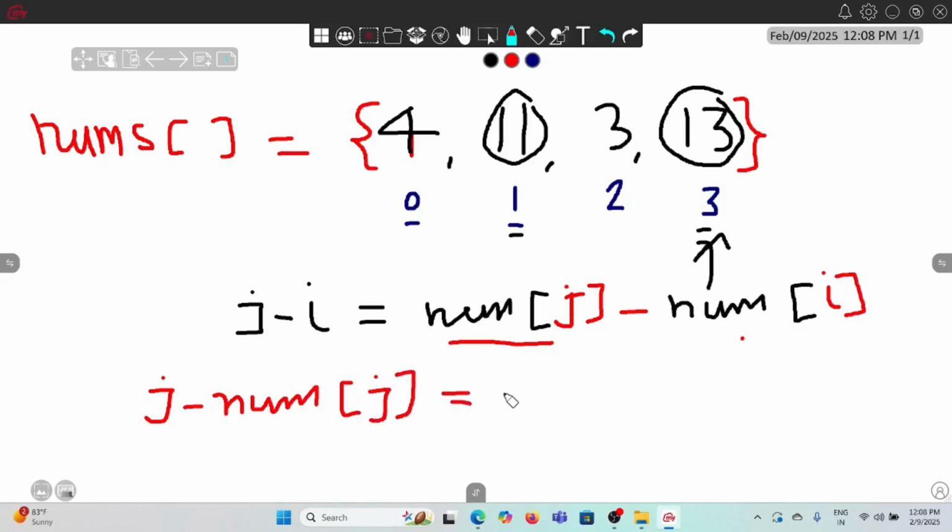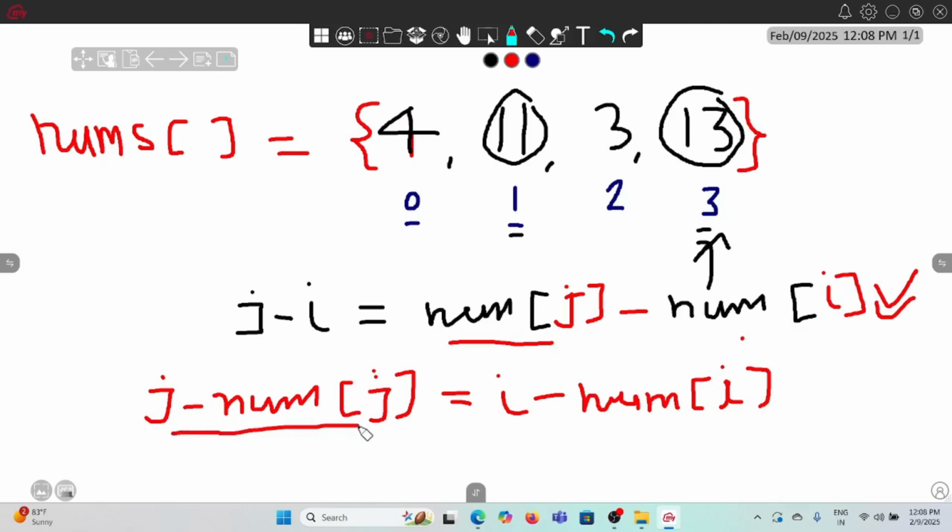So for any good pair i and j, this would be our formula, the mathematical formula. We just did this on the same condition given in the question, moving i terms together and j terms together. So at any place, if j minus nums[j] equals i minus nums[i], then i and j would be a good pair.